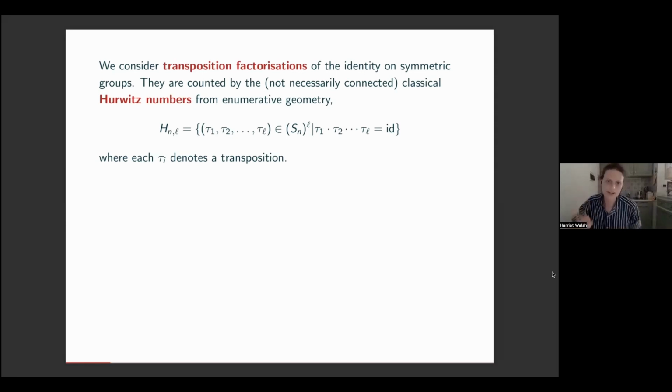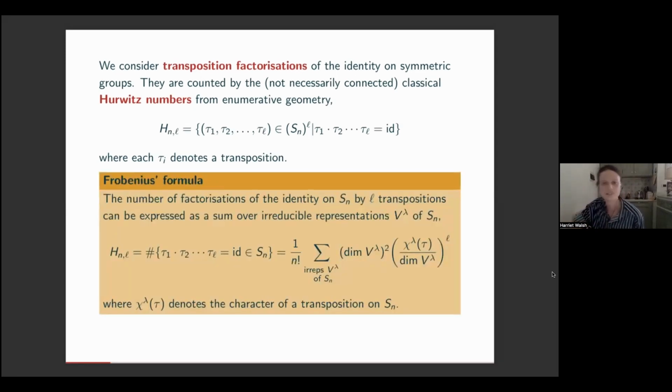And we won't require that the factorization of transpositions be connected. So we call these unconnected Hurwitz numbers for simplicity. And once we don't require that they're connected, through some nice algebraic identities, we have an expression for these numbers as a sum over the irreducible representations of the symmetric group.